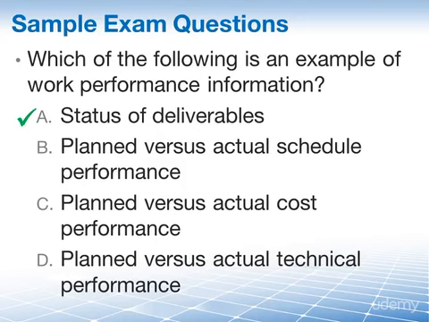So in the project communications context, work performance information is the performance data collected from various controlling processes, analyzed in context and integrated based on relationships across areas. Status of deliverables is an example of work performance information. The other answers, those are examples of work performance data, which in fact were provided directly from the PMBOK guide in the Project Management Quality chapter.